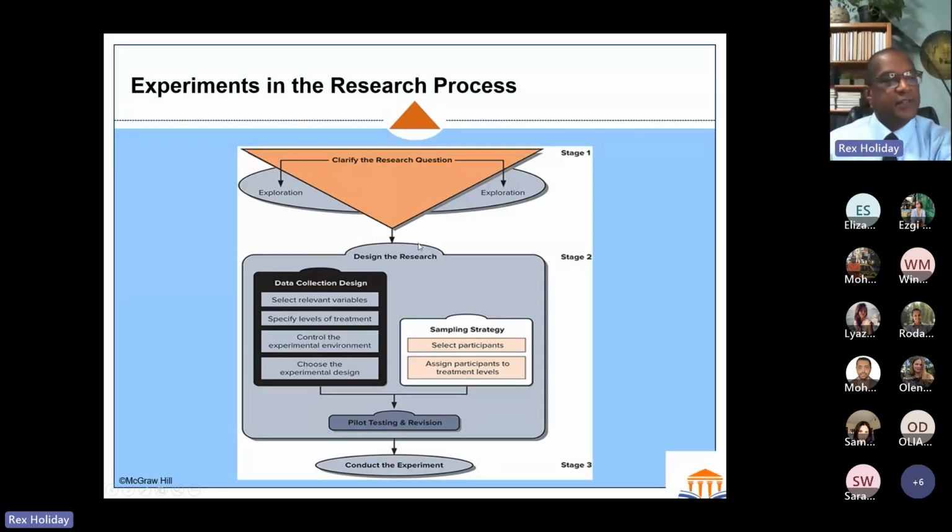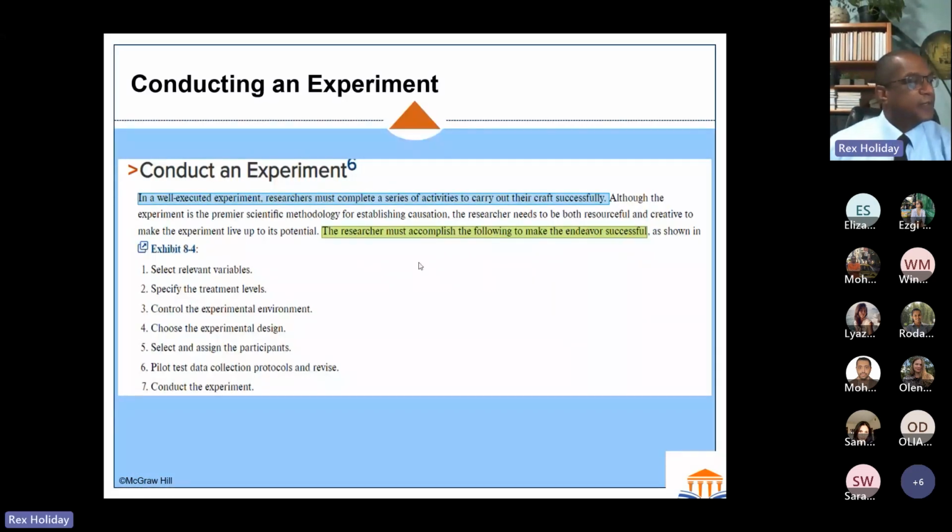Okay, so any questions about that before we break? We can come back to it if you need to after the break. Let me go back to the previous slide there. Again, the researcher must accomplish the following to make the endeavor successful.